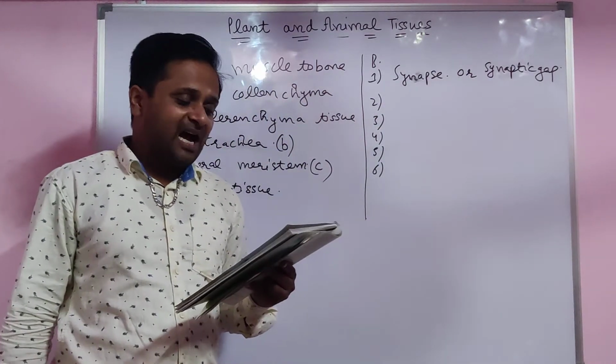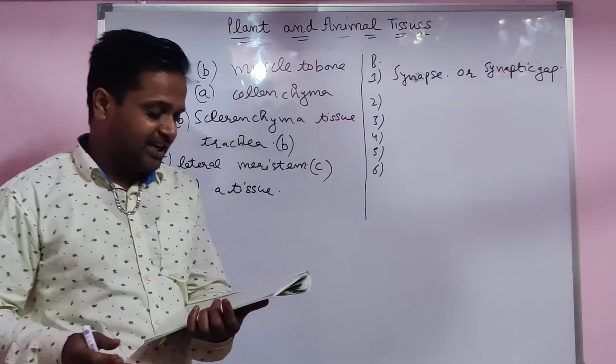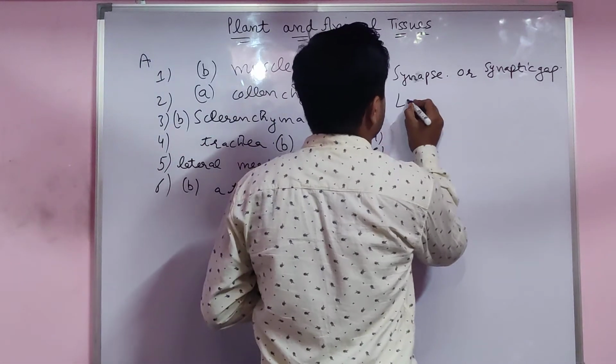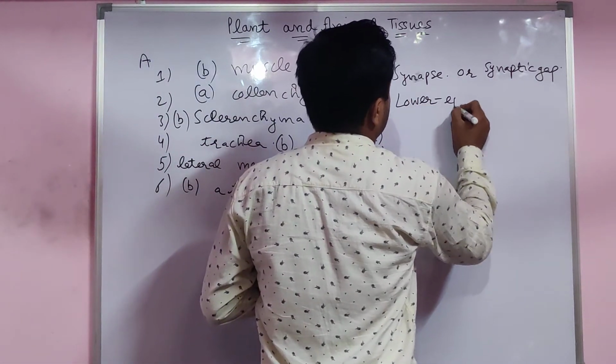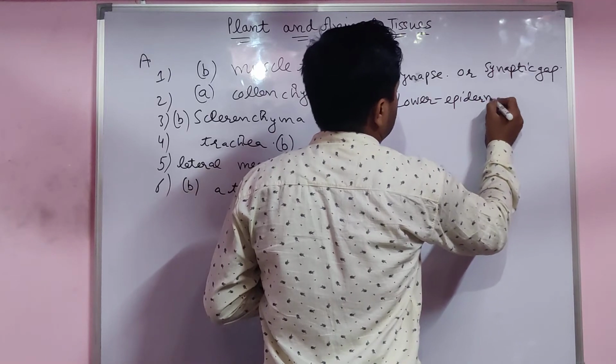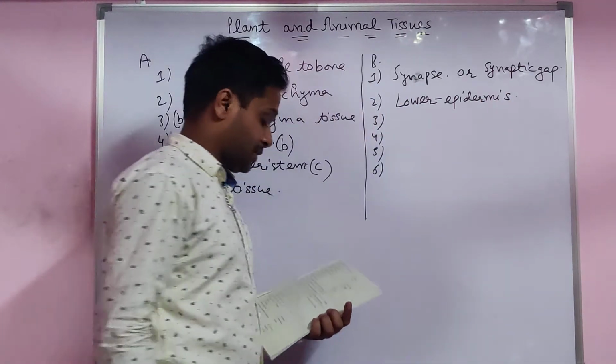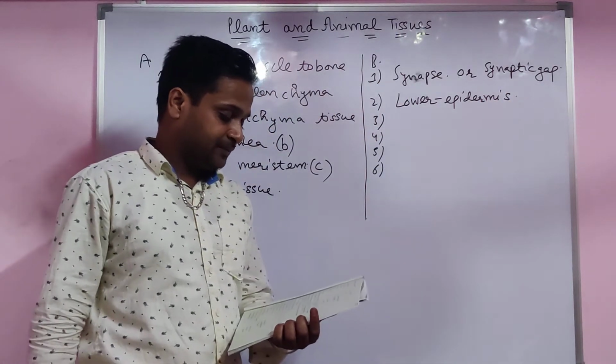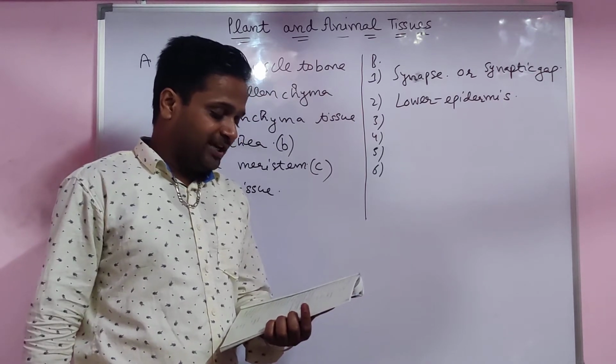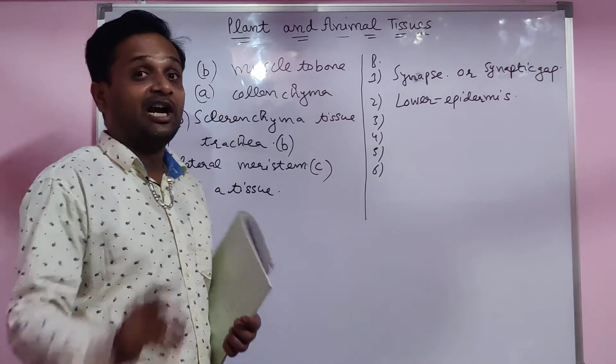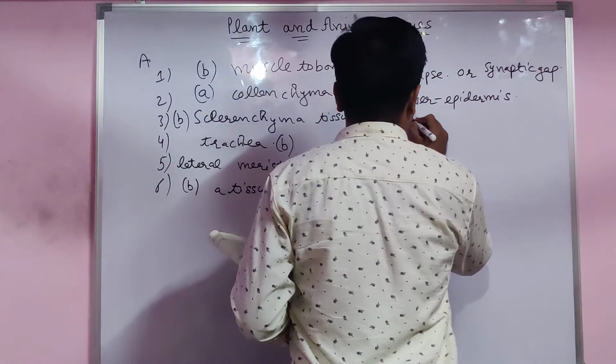Next, stomata are present in the dash layer: lower epidermis. Muscles that do not get fatigued easily are called cardiac muscle, only in the heart.